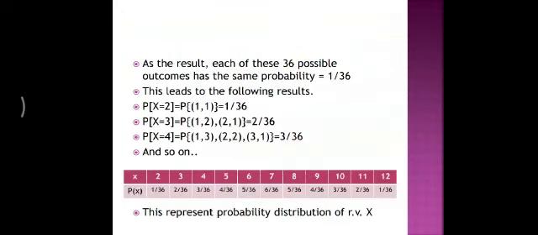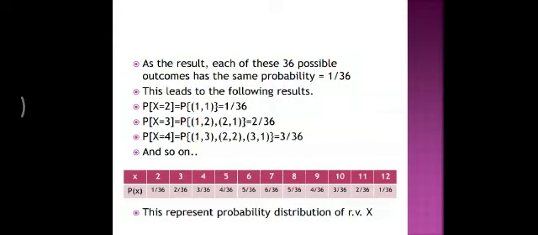As a result, each of these 36 possible outcomes has the same probability, means each outcome has probability 1 by 36. This leads to the following result. P of X equal to 2, means the probability when X is equal to 2, is equal to P of ordered pair (1, 1), which is equal to 1 by 36.